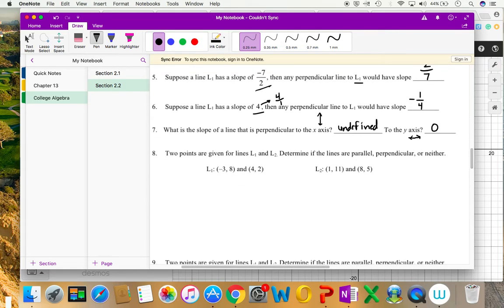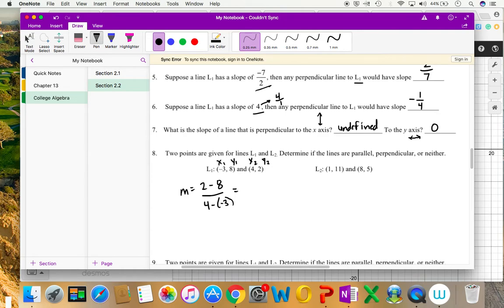Okay. In these two examples, we're going to determine if the lines are parallel, perpendicular, or neither. So if we take it through our steps, slope is equal to, in this case, 2 minus 8. Right? And let me just label these first, x1, y1, x2, y2. So 2 minus 8 over 4 minus, once again, negative 3.